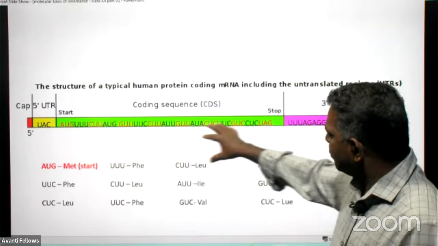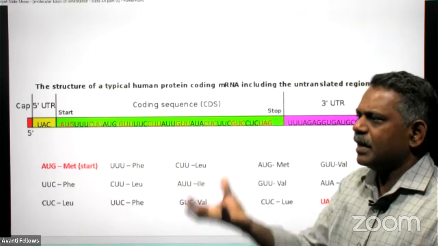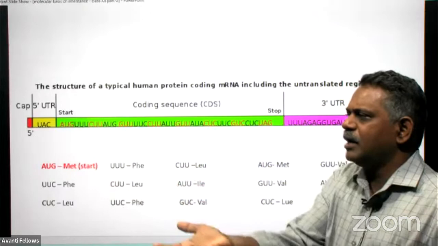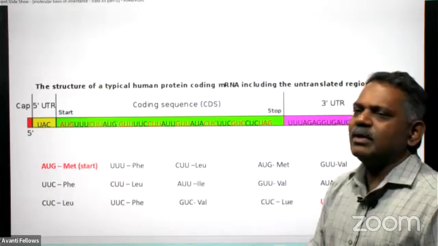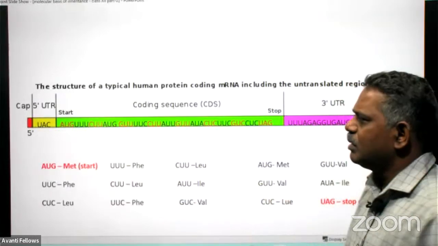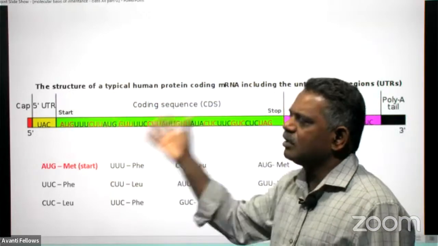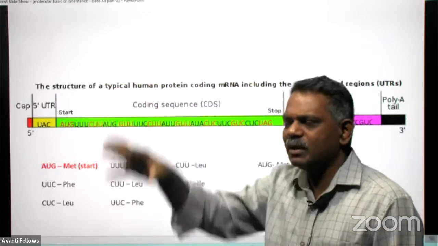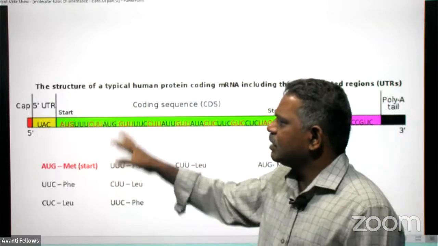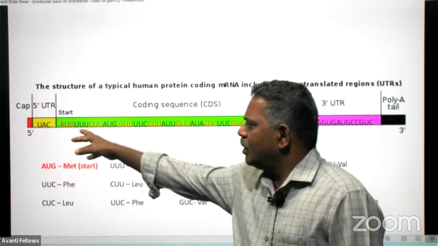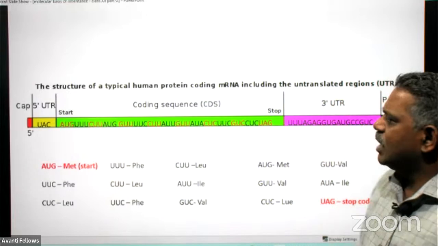And based on that triplet codon in the mRNA, that particular tRNA with the complementary anticodon will go and pick up the amino acid, only after activating the amino acid by using what? The ATP molecule from the amino acid pool, and bring it to the site of protein synthesis one after another, and it will be placed. The amino acids will be placed one after another by the tRNA by seeing the sequence of triplet codons present in the mRNA.